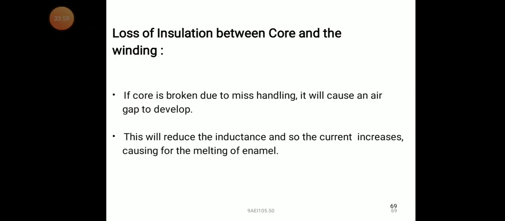After melting this enamel, the winding may become short circuited. So this is the fault of the core because of loss of the insulation between the core and the winding. If the core is broken due to mishandling, it will cause an air gap to develop. This will reduce the inductance and so the current increases, causing the melting of enamel.